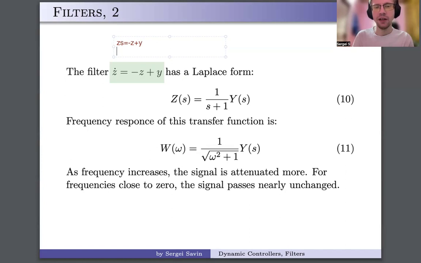Then we concentrate all the z parts on the left-hand side. We get s plus 1 times z equal to y, right? And then we divide both sides by s plus 1. And we get our 1 over s plus 1. That is, z equals 1 over s plus 1 times y.